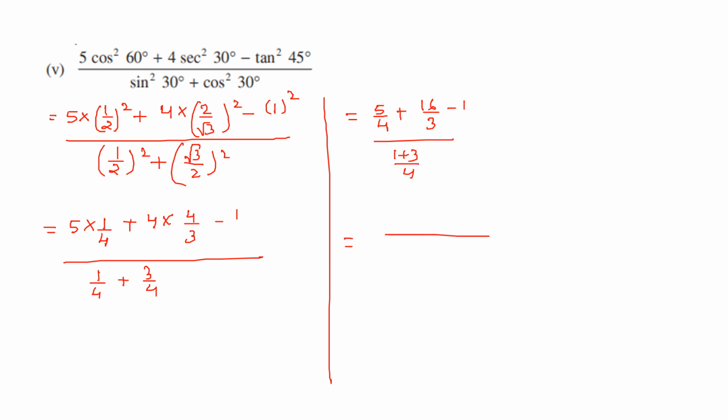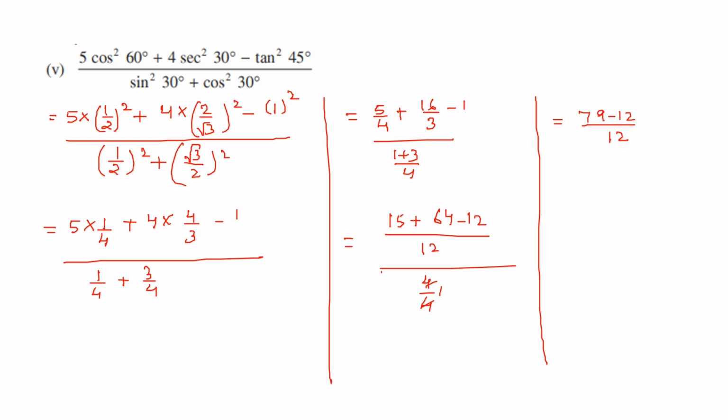Now take the LCM in the numerator. 4 3s are 12. 5 3s are 15. 16 into 4 will give you 64, minus 12, divided by 4 by 4. Now 4 by 4 becomes 1, isn't it? So it will be now 15 plus 64, 79, minus 12, by 12. Because the denominator is now 1, no need to write it. So 79 minus 12, you will get 67 by 12. So this is your answer for the fifth question.